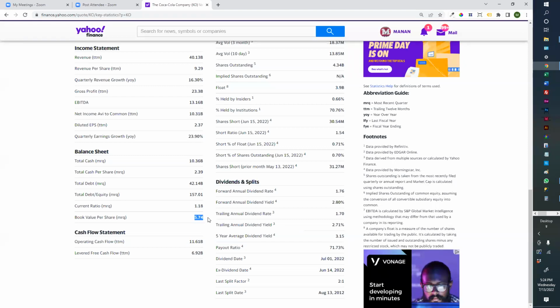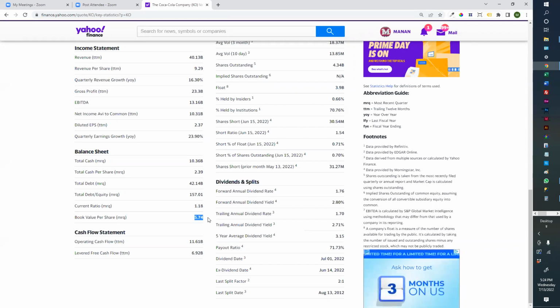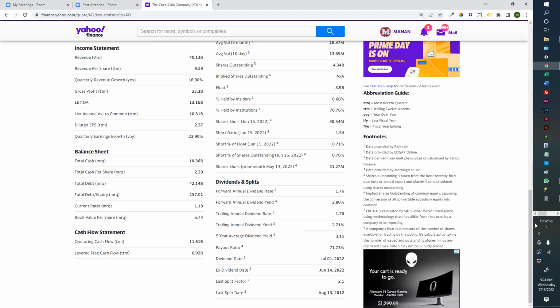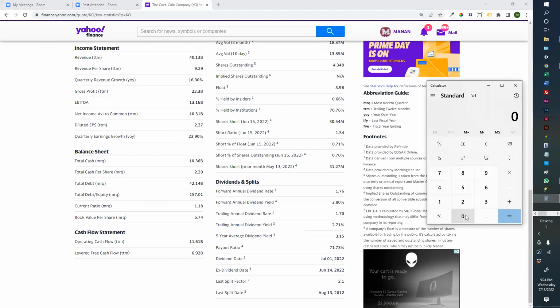Remember that the CEO of Coca-Cola has only $5.74 per share to play around. That $5.74 is earning how much? Let's say this is the diluted earning per share, $2.37. So what is the return on equity? It's $2.37 divided by 5.74. Return on equity for Coca-Cola is 41%.